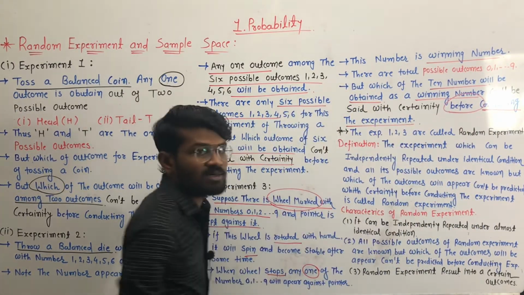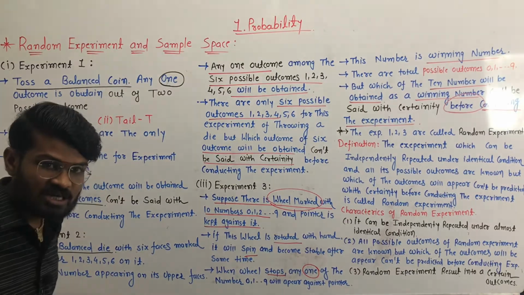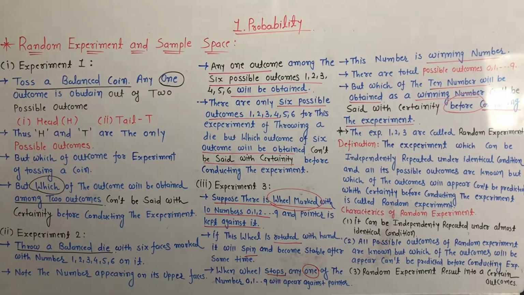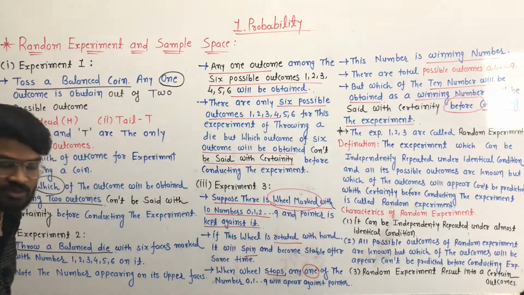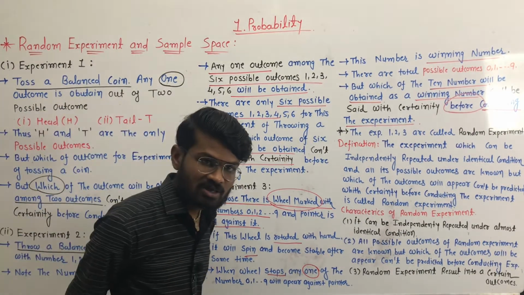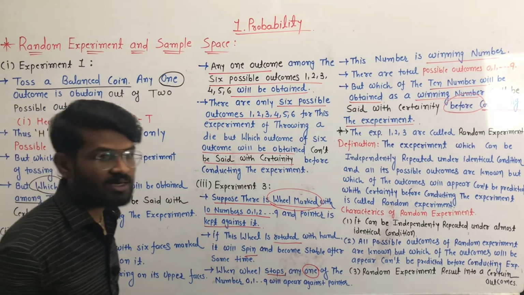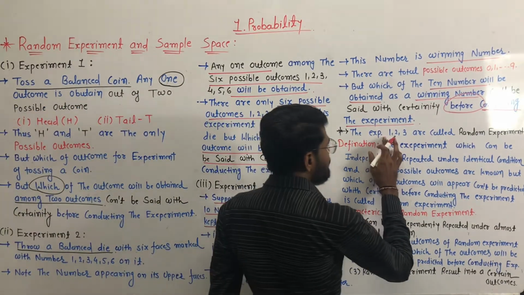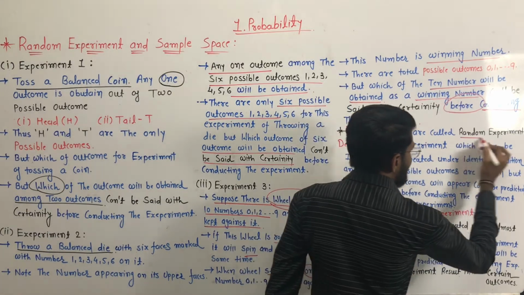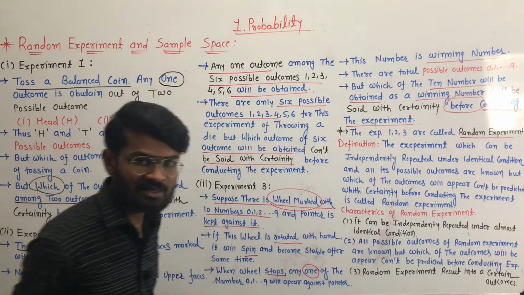Clear? So three experiments were performed to understand the random experiment. From these experiments we conclude that experiments 1, 2 and 3 are called random experiments. Clear?